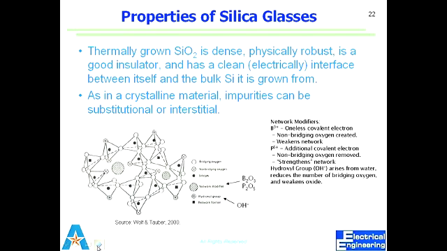And these are bridging and non-bridging atoms of oxygen which are available there. So, what do the network modifiers do? They weaken or strengthen the network. They weaken or strengthen the silicon dioxide. So, yeah, doping is done to give them additional properties.